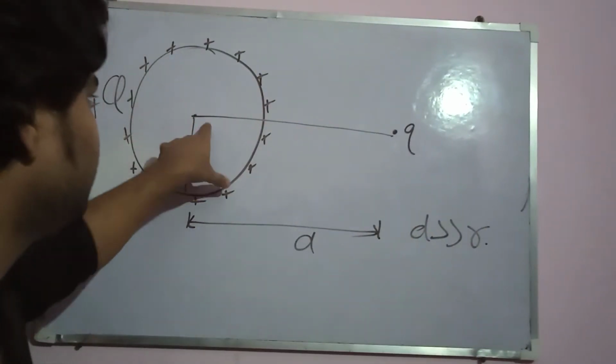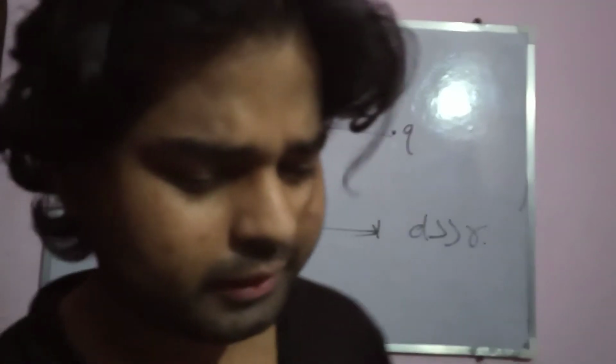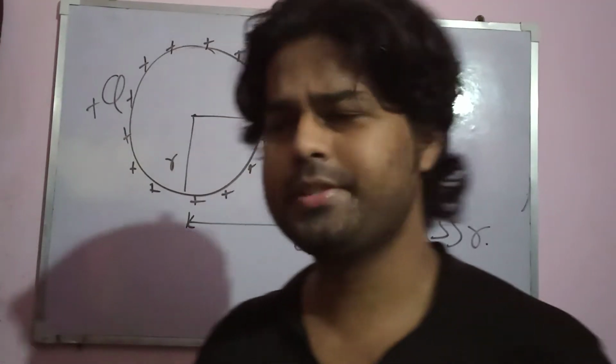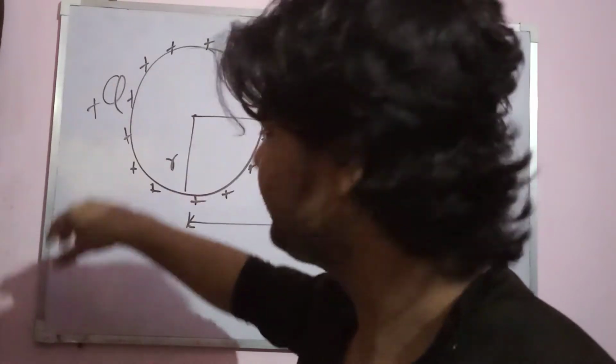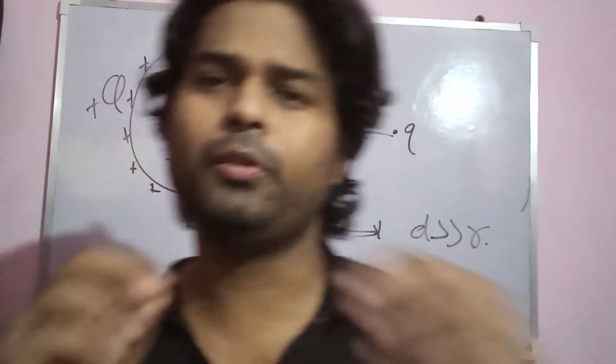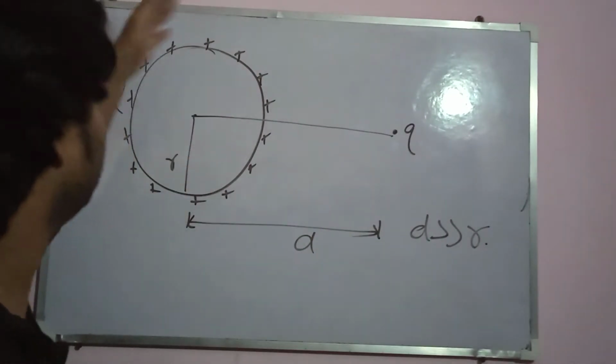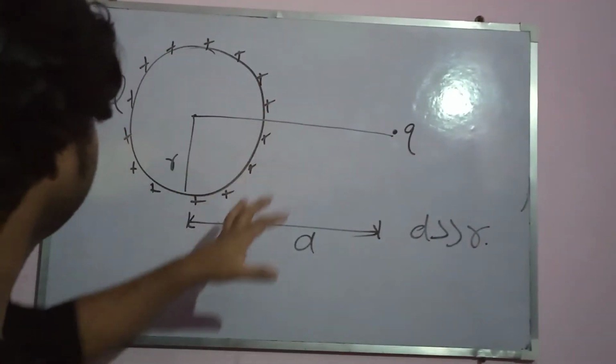It's not a point charge. The analysis we have made before this question is all based on point charges. The charge is considered at a point, and then we apply Coulomb's force there. But here the charge is not a point charge, it's spread over a conducting sphere.